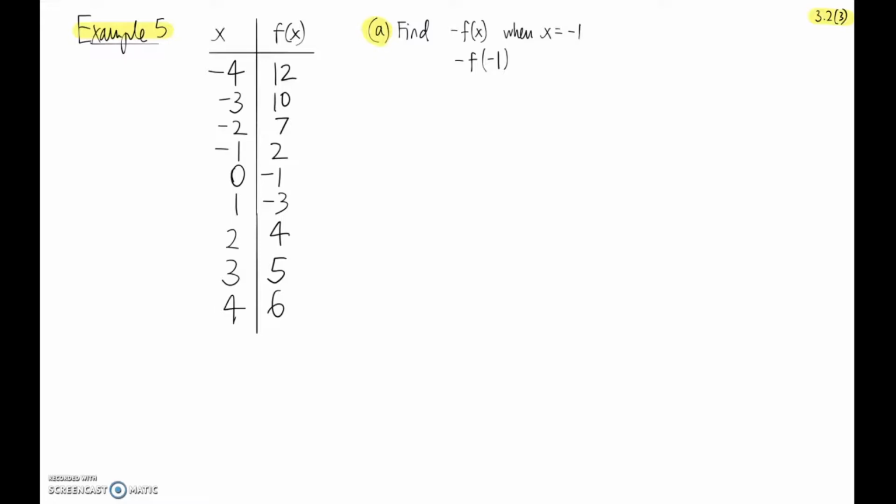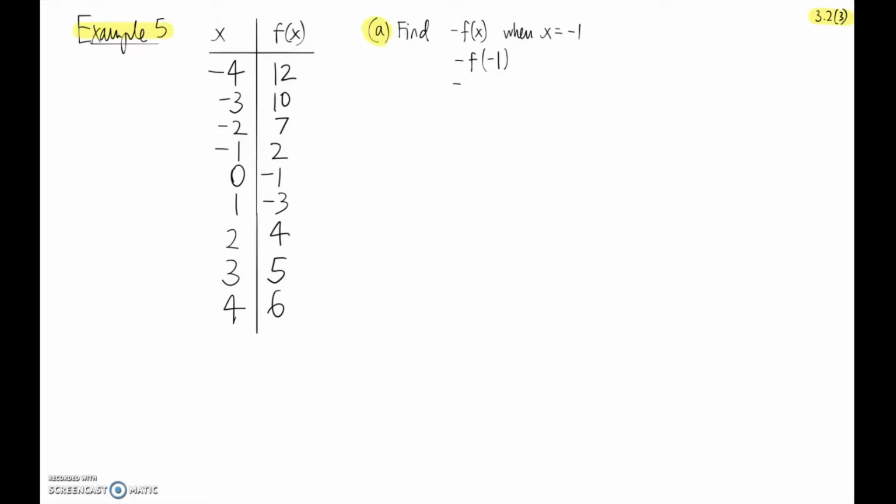Okay, and all we have to go off of is this table. So our input is negative 1. Which column do we want? Well, this is an input, and this is our input column. So we go down to negative 1, and we evaluate the function at negative 1. So f of negative 1, this part, is 2.